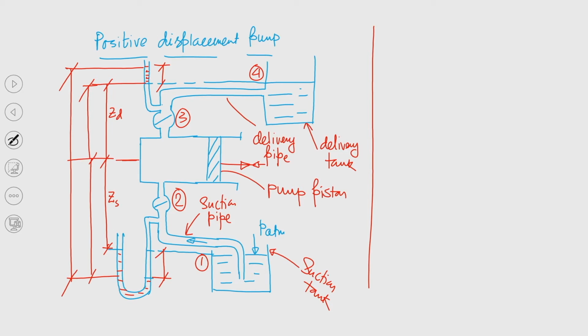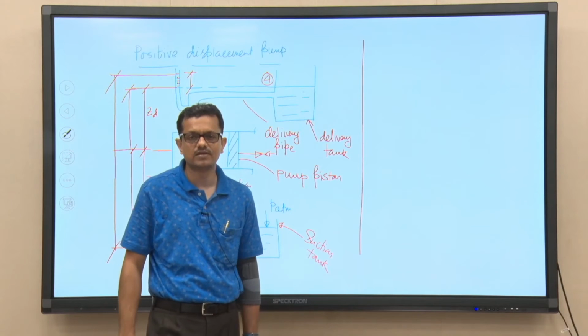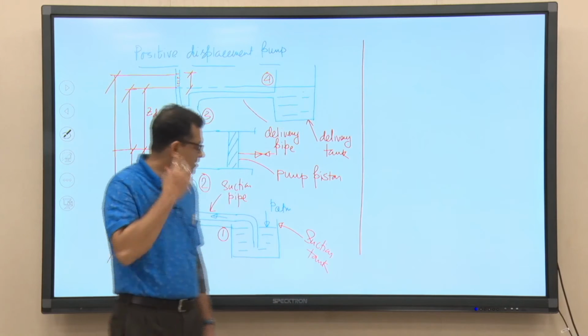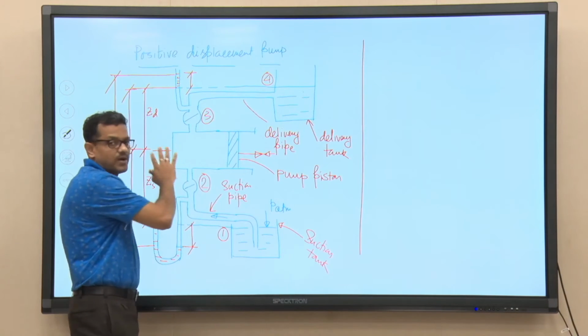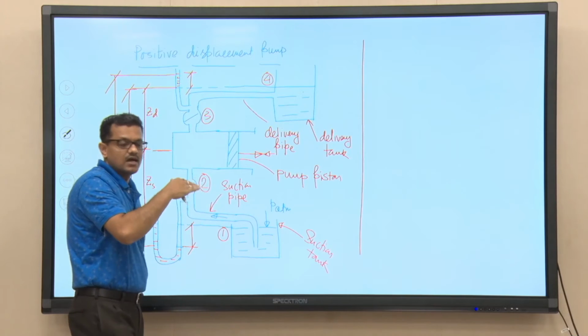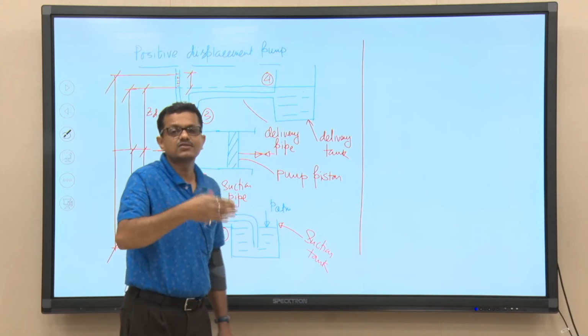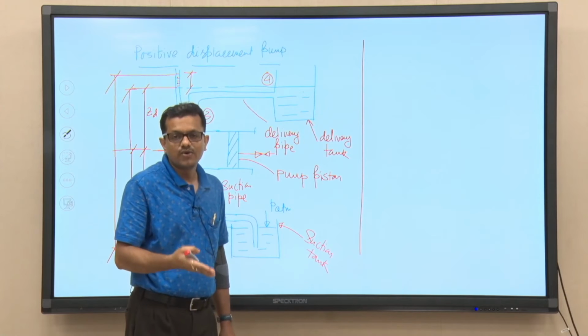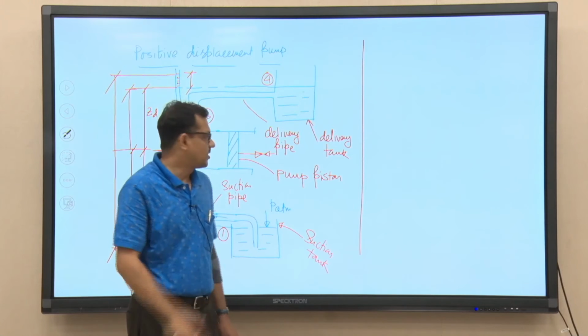So, now you can understand that if we have seen the modified indicator diagram, what we have seen? We have seen that there is a change in pressure and volume of the fluid when it is flowing through the pump, right. So, there is a change in pressure as well as volume of the fluid when it is flowing through the pump, fine.